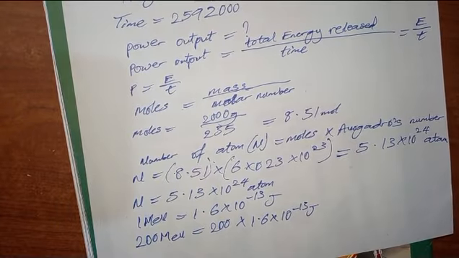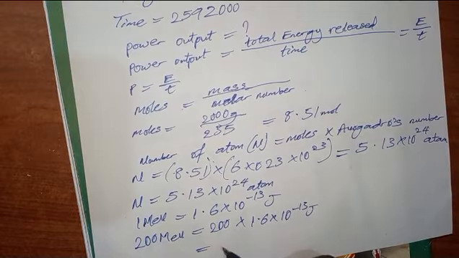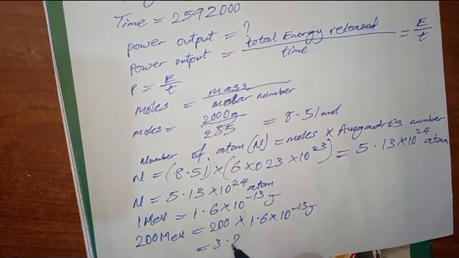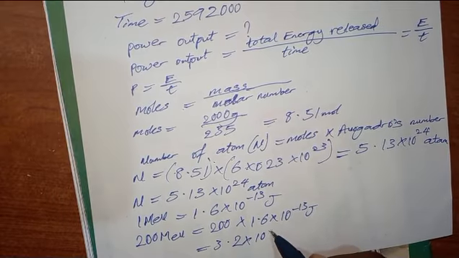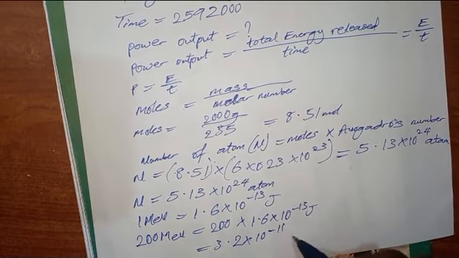If you do the calculation very well, the answer will be 3.2 times 10 raised to power minus 11 joules.